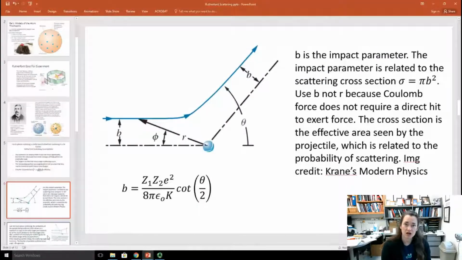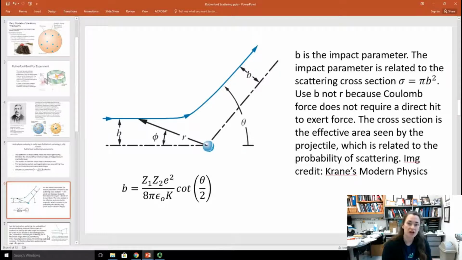Now we're still going to talk about the impact parameter b. Remember, the impact parameter is the center-to-center offset distance between your incident particle and your target. If you drew a straight line for the incident path of your projectile, it's how far offset that is from a parallel axis that runs through the center of your target. So that's the impact parameter, and it measures the effective nuclear size.